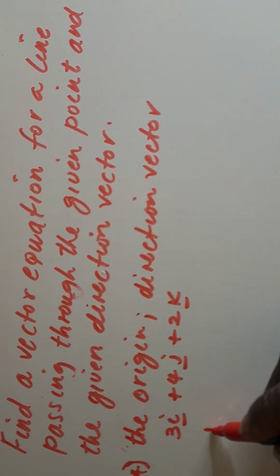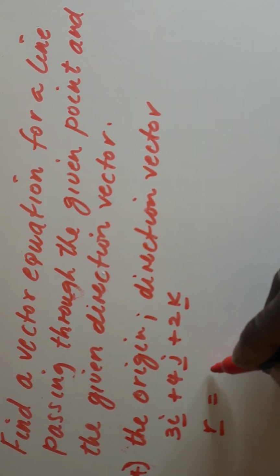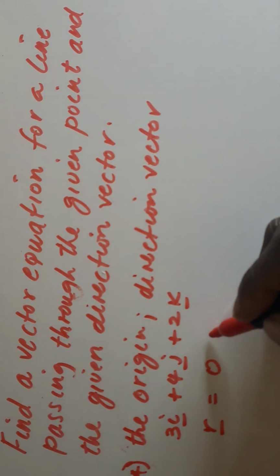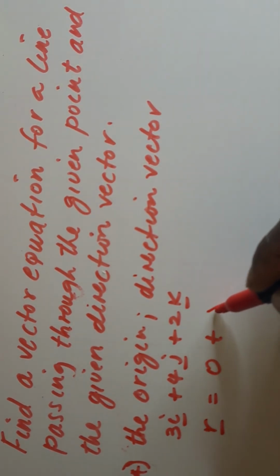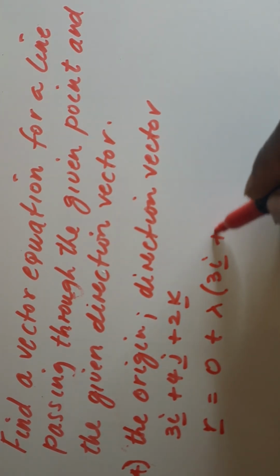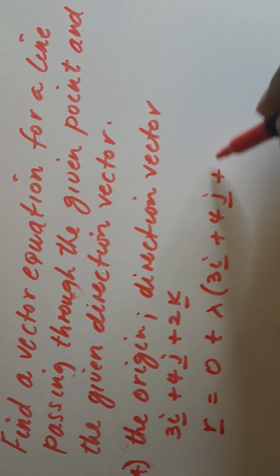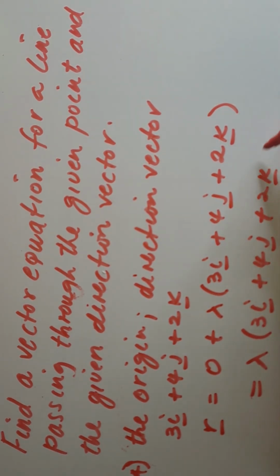Now that gives us our vector equation is equal to, well, we have 0 for our position vector, and our direction vector is 3i and 4j and 2k, which we can write simply as lambda into 3i add 4j add 2k.